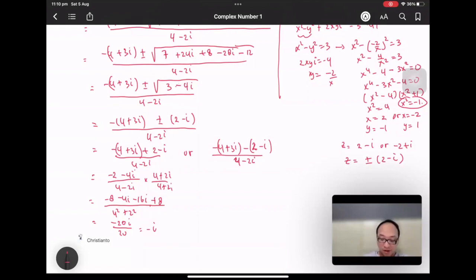For the other one, negative 4 minus 2, negative 6. Negative 3 plus 1 is negative 2i. Negative 3i plus i is negative 2i, over the same 4 minus 2i. So we multiply by the conjugate.